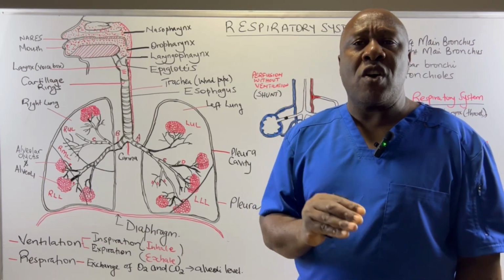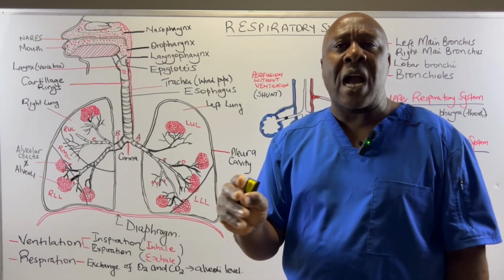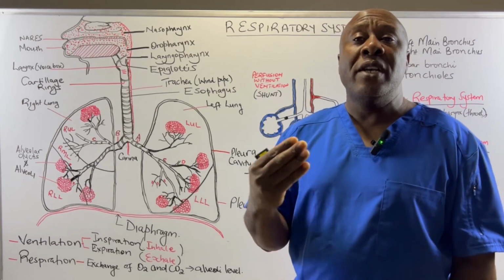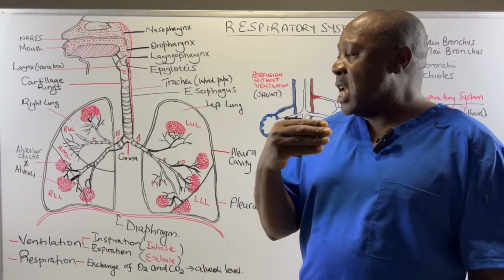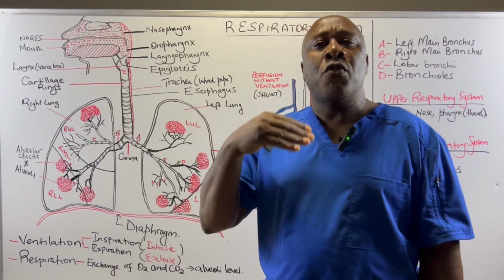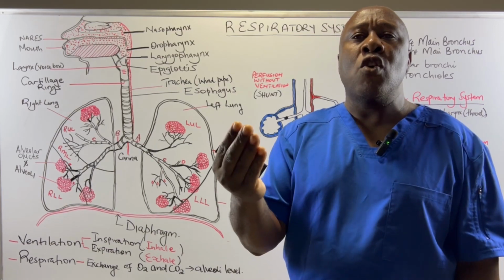Now, this movement of oxygen and carbon dioxide across the alveoli membrane occurs as a result of diffusion. Remember, diffusion is the movement of molecules from areas of higher concentration to those of lower concentration.